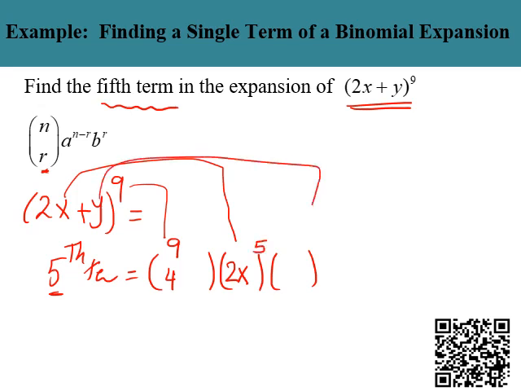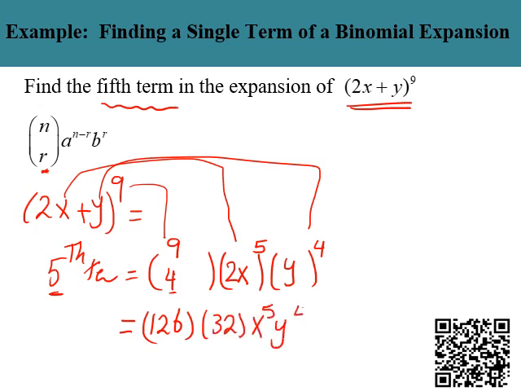Then the second term is y, taking the base, and the base is 4. Now let's simplify it by using my calculator. 9 shift c of 4 is equal to 126, and 2 power 5 is 32, x to the power 5, y to the power 4.